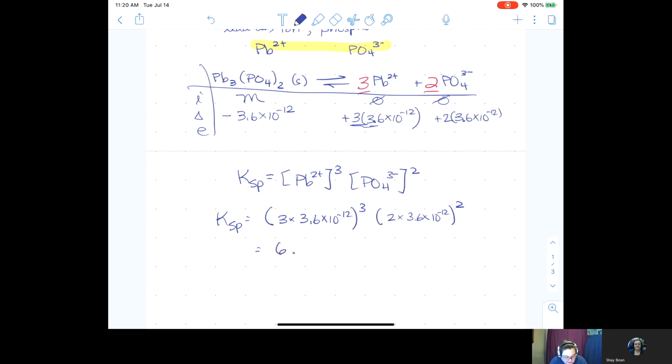I am getting, let's go to 2 sig figs, 6.5 times 10 to the minus 56. Let me double check. Times 6.6. Yep. And so that's the Ksp at that particular temperature.